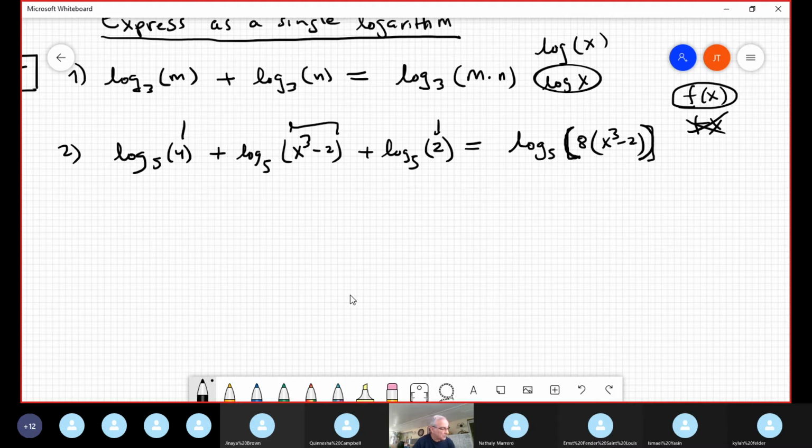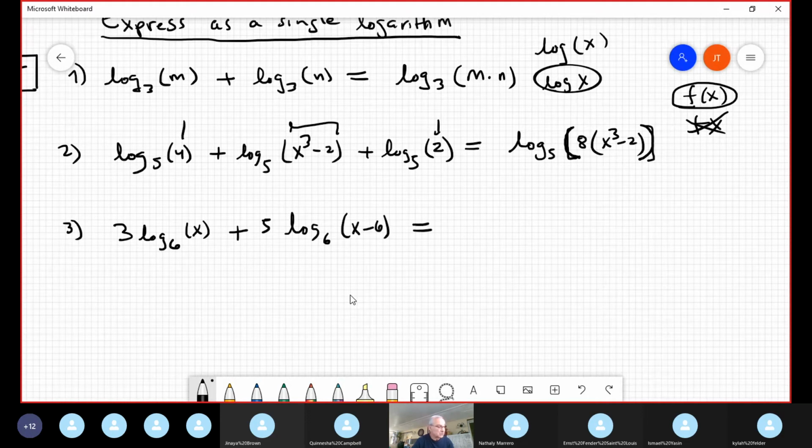Okay. This was easy. Let me try another example, number 3. Suppose 3 logarithm base 6 of x plus 5 logarithm base 6 of x minus 6.